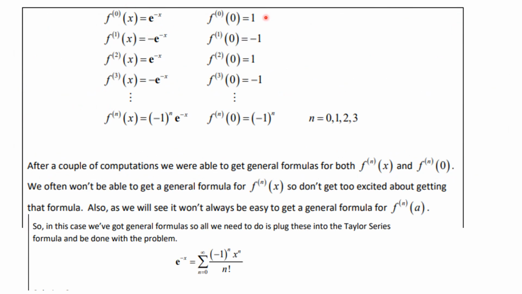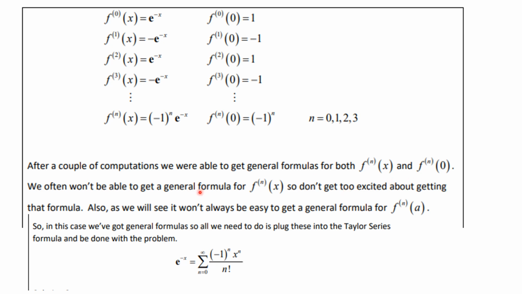So these are going to alternate being 1, minus 1, 1, minus 1. And down here, the nth derivative is going to be minus 1 to the nth e to the minus x. And that means this is minus 1 to the nth power because e to the 0 is 1. So you see we've got a pattern happening.